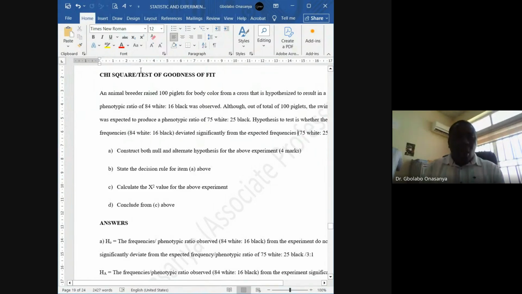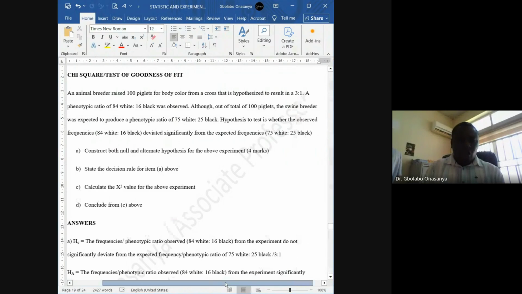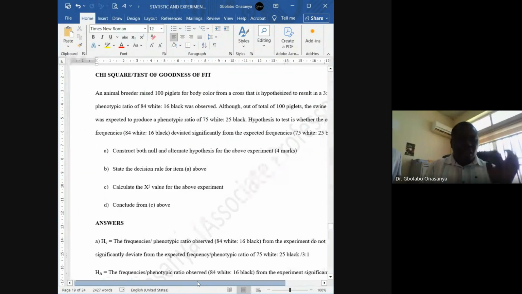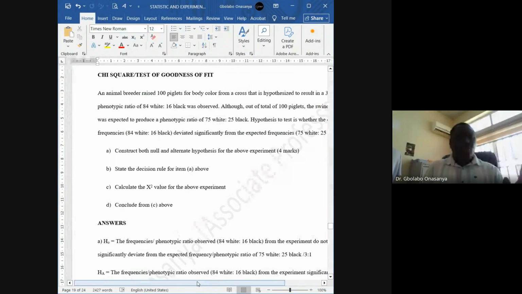So out of this 100 piglets, the swine breeder was expected to produce a phenotypic ratio of 75 white, 25 black. That is expected. You know, the chi-square talks about observed and expected. Let me make this clear.